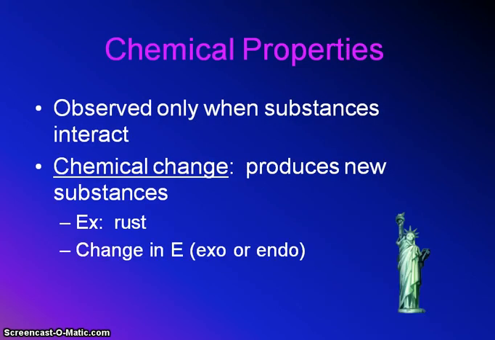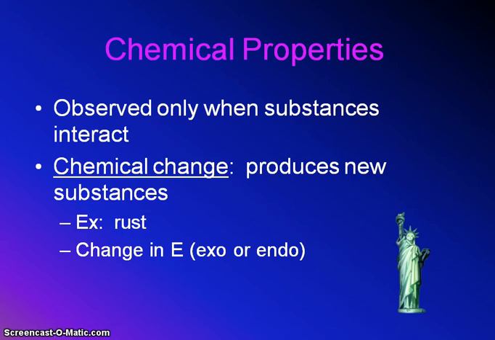Chemical properties are only going to be observed when substances interact. So a chemical change will always produce something new. An example would be rust. It's a combination of iron and oxygen for a new compound of iron oxide.